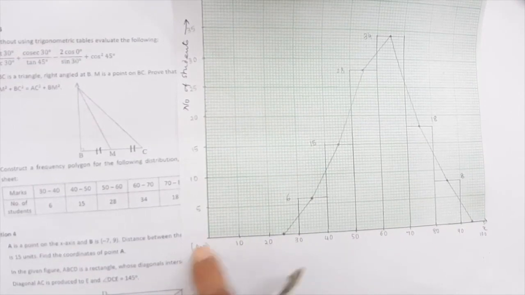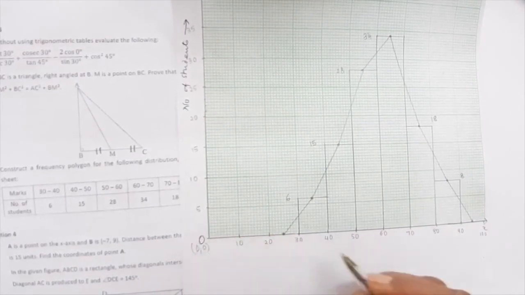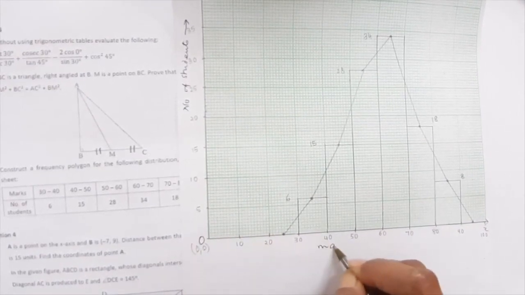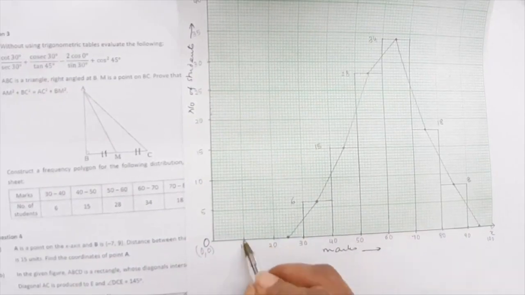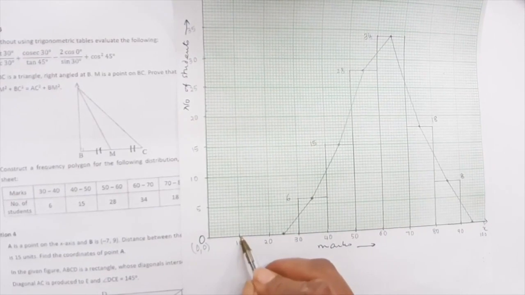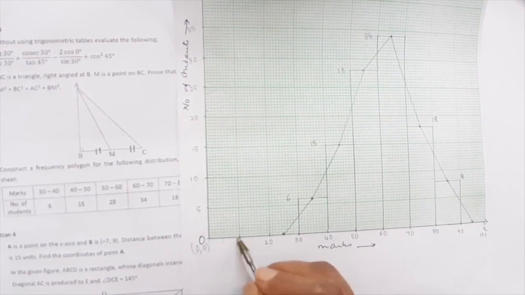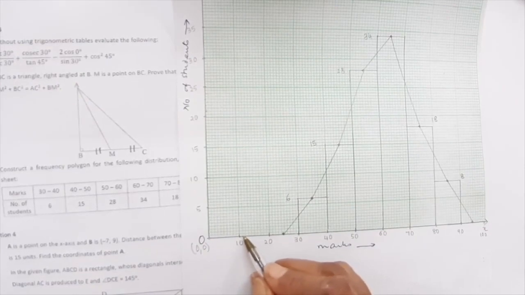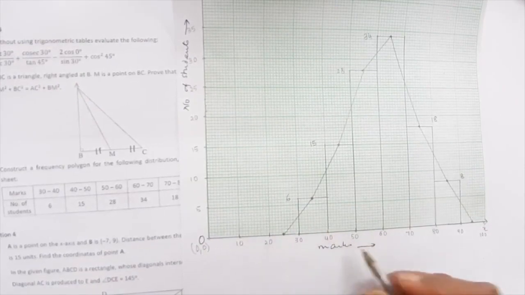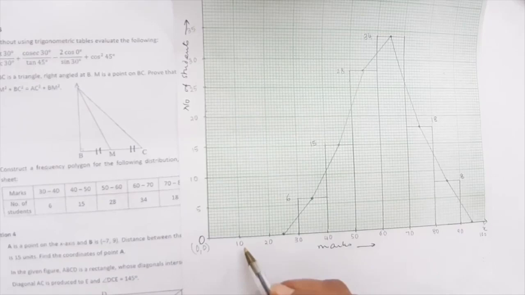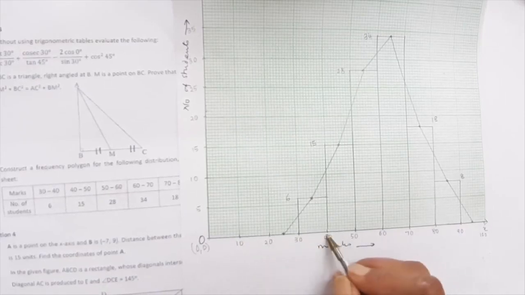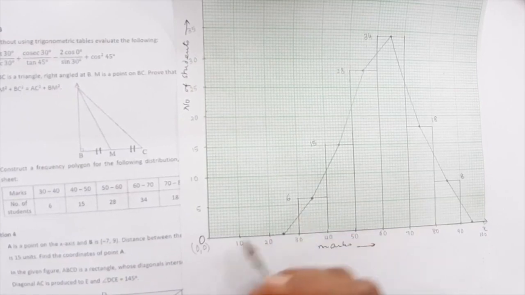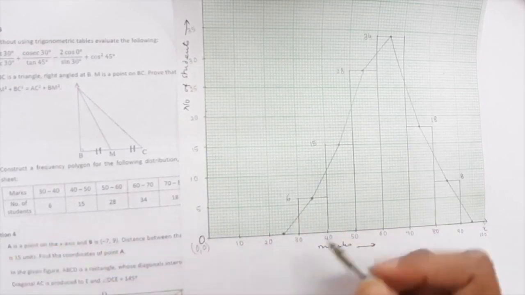So this is the origin, which I'll write as O, and these are the marks. And we have taken 2 centimeters as 10 units, which means each one of this is 1 unit. So this will be 11, 12, 13. In any case, marks are given as a group, so 10 to 20, 20 to 30. Now 30 to 40, the frequency, that is number of students, is 6.